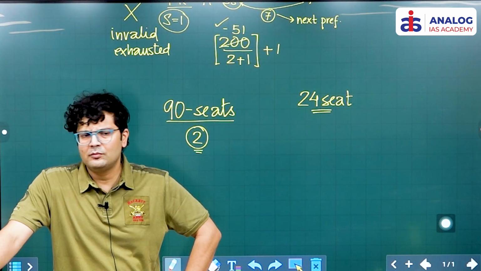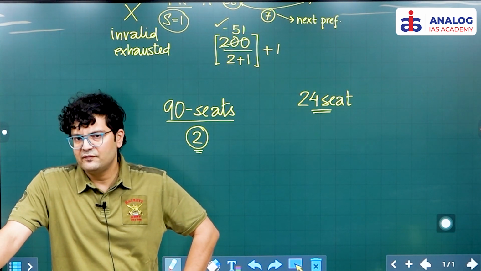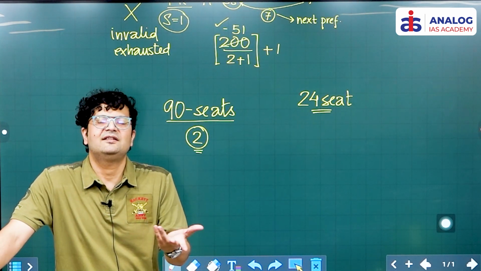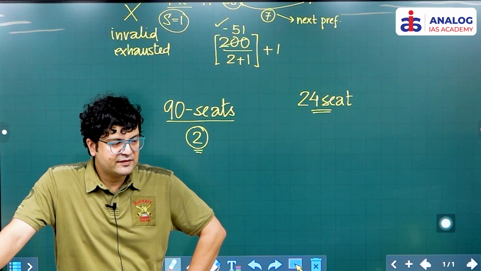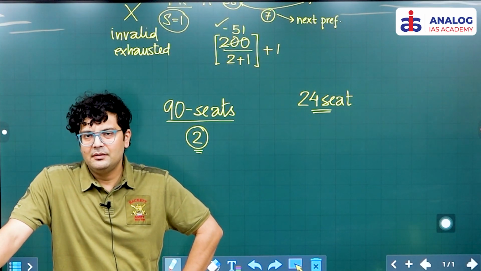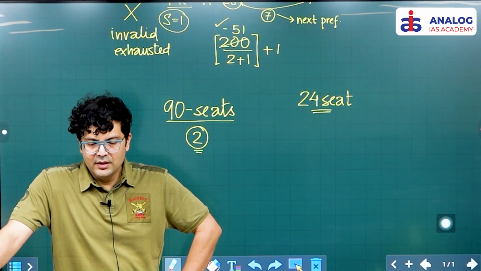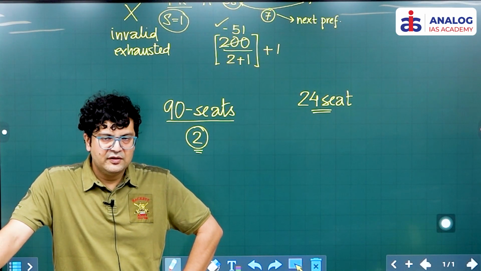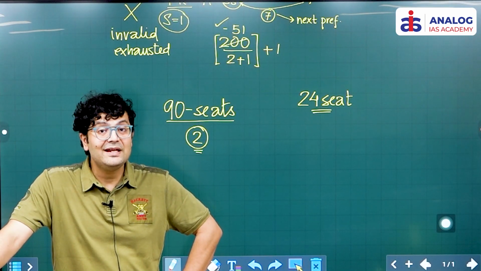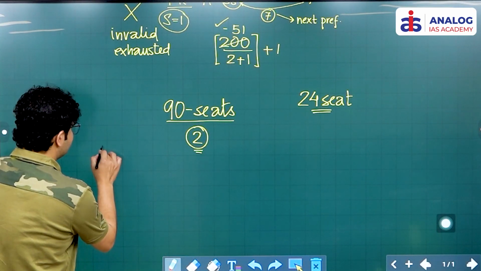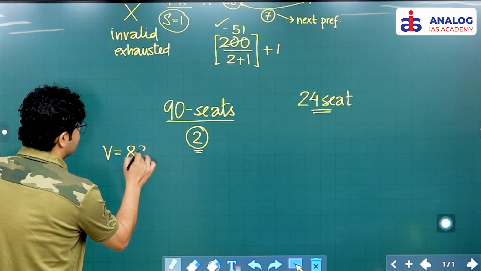Though that MLA was earlier from the NC, the National Conference, he shifted to BJP. That's normal for politicians. So he shifted, and then maybe the shift did not suit him much. He passed away. So that seat is also vacant. This means the valid votes are only 88. Valid votes come down to 88.